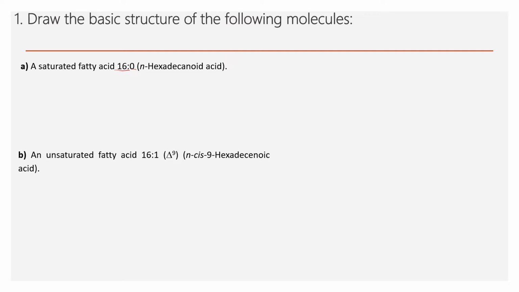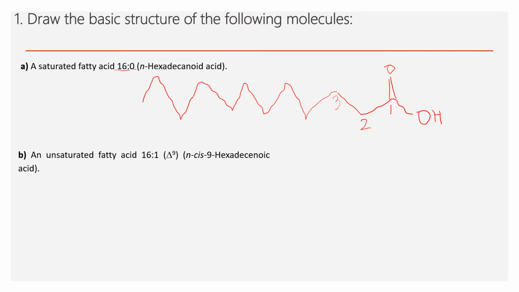Basically you start off with a hydroxyl group and carbonyl, and so this is your first carbon, and then this is your second, this would be your third, so 1, 2, 3, and you have to draw 16. 1, 2, 3, 4, 5, 6, 7, 8, 9, 10, 11, 12, 13, 14, 15, 16.